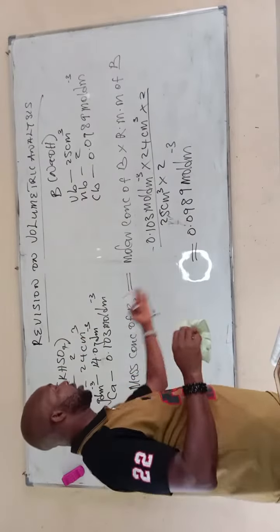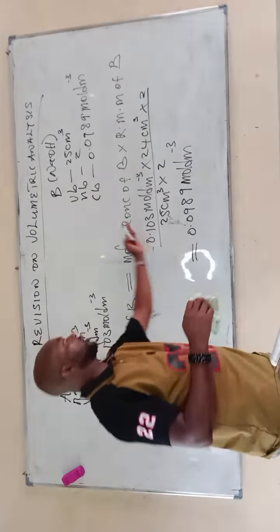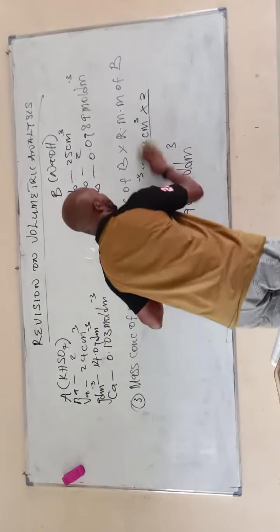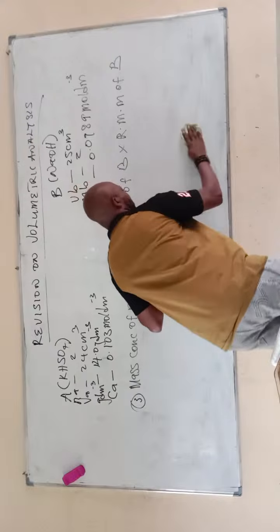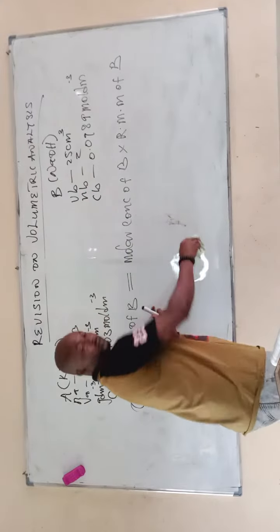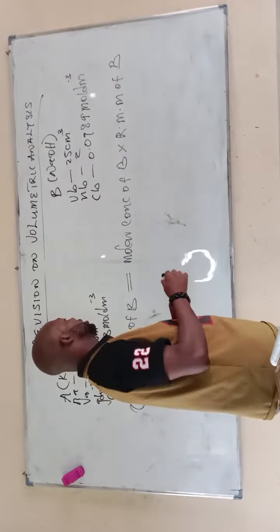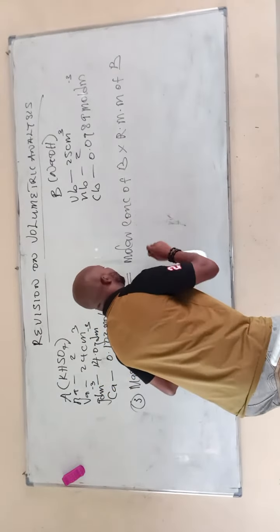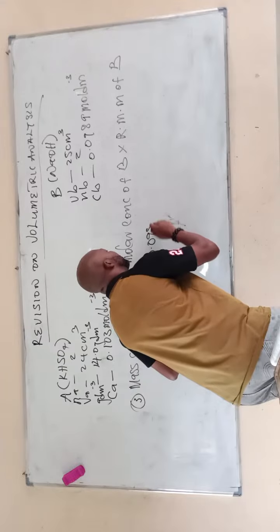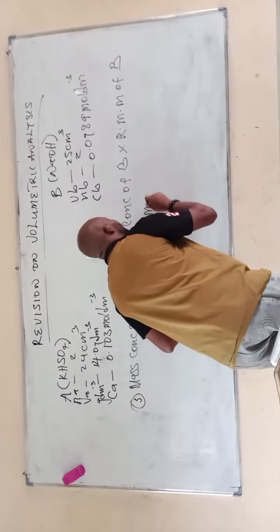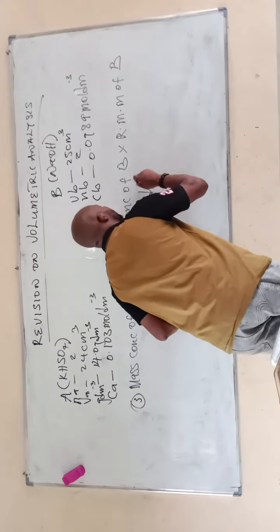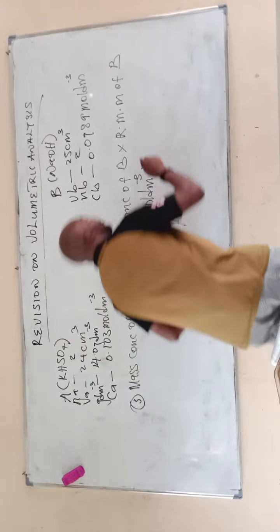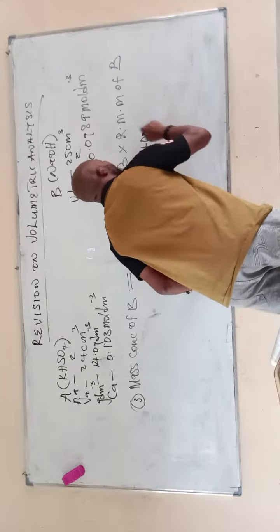So now I will take out this so that I can substitute the variables in it. Okay, now what is my molar concentration? My molar concentration of the base is 0.0989 mole per dm³ times the relative molecular mass of the base, which is 40 g/mole.